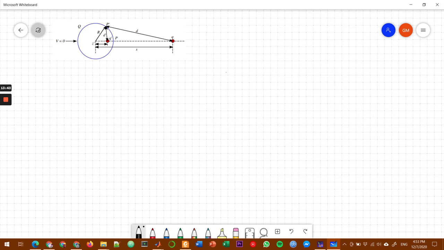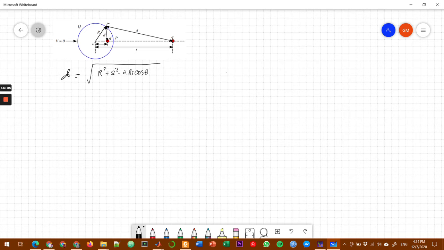Okay. So how do we determine the D? We'll just have to use the law of cosine. So ang D nimo is just the square root of, so we have R squared plus S squared minus 2RS cosine theta. Okay?